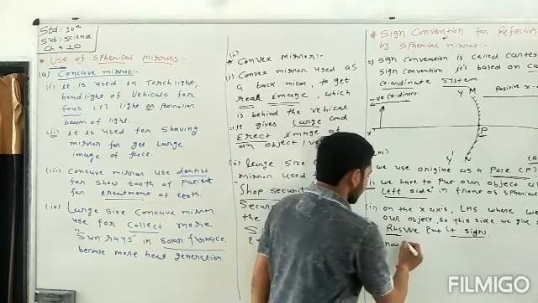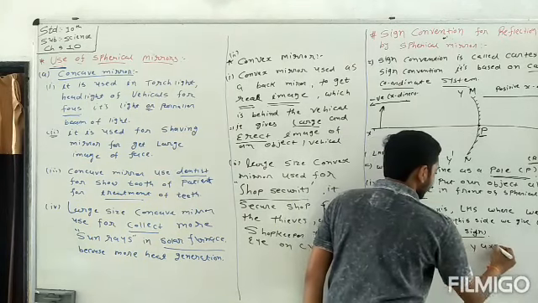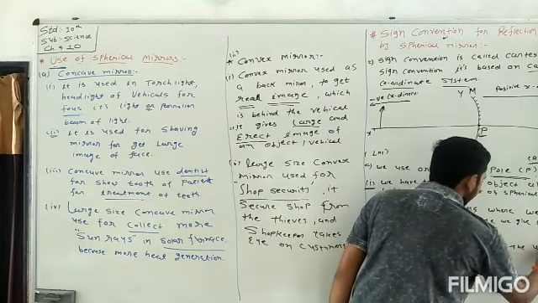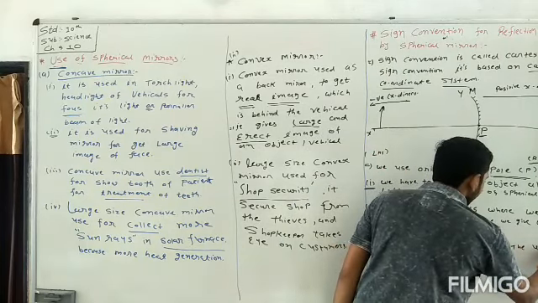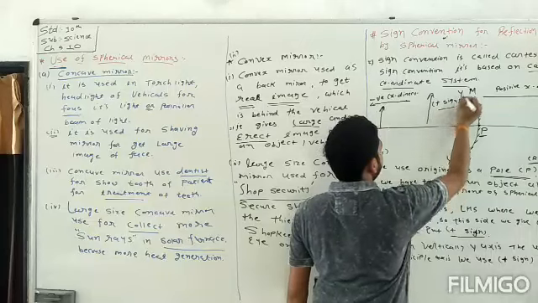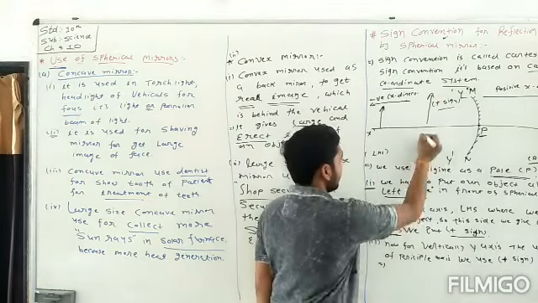Now for vertical y axis, the upper side of principal axis we use positive sign. So on this side we use positive sign in case of y axis, and vice versa.